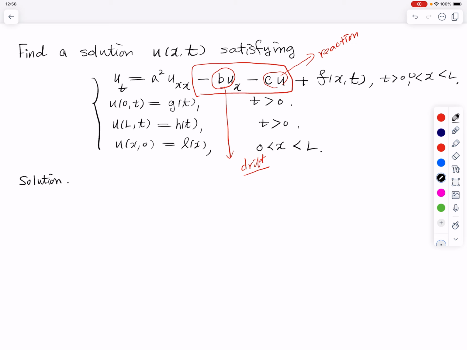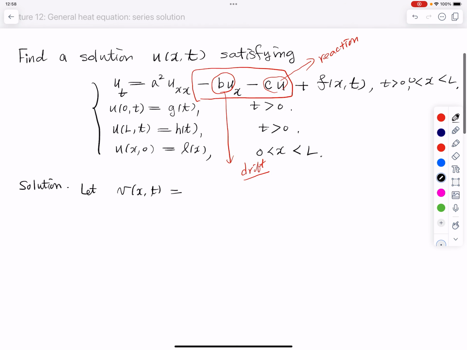Here what I'm going to do is take a new function v(x,t) equal to u(x,t) multiplied by the exponential of kt plus mx. I will show you why I took kt plus mx.